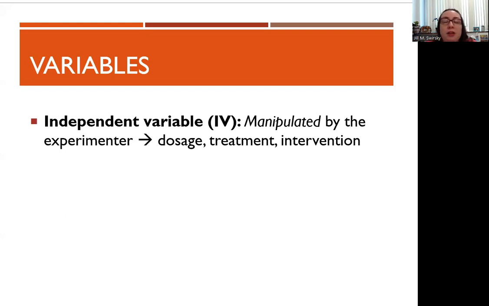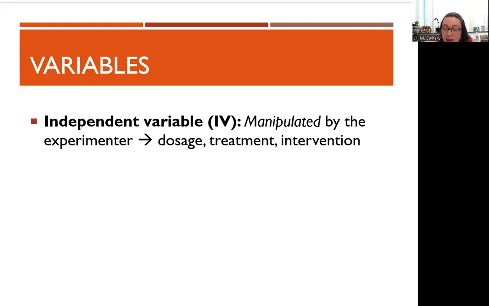Okay, so this is what the researcher is changing or doing something to. This is often going to be things like dosage of a drug, type of treatment, like CBT or talk therapy, intervention strategies. Basically, what we're doing is we are changing levels of the independent variable.